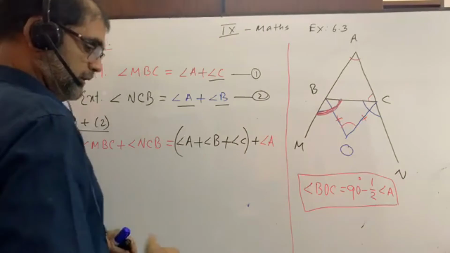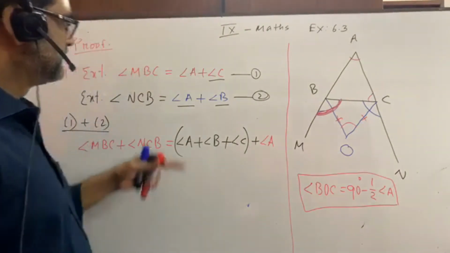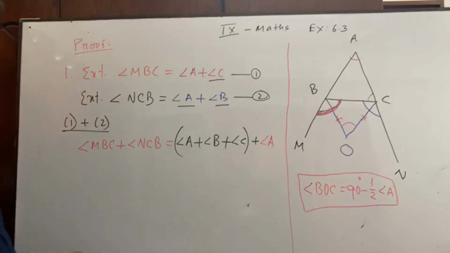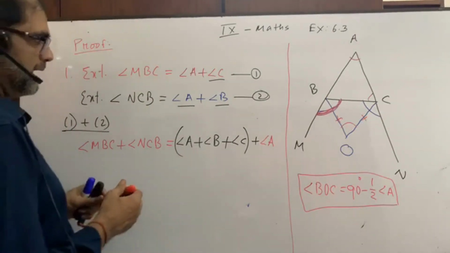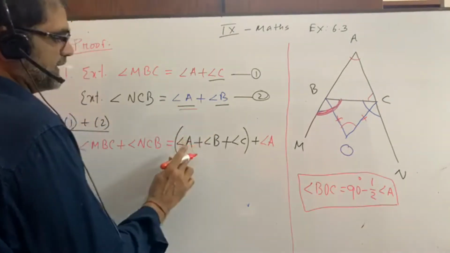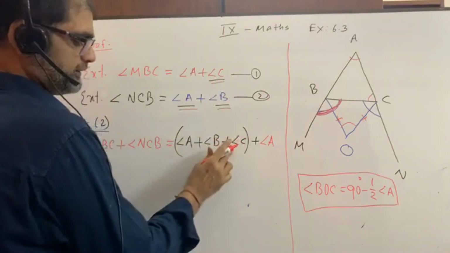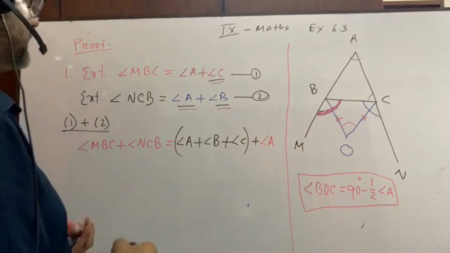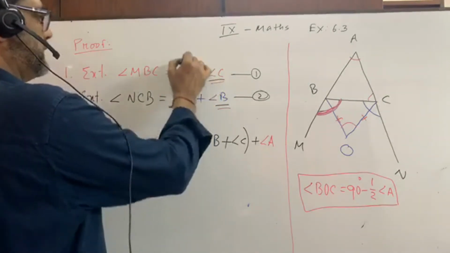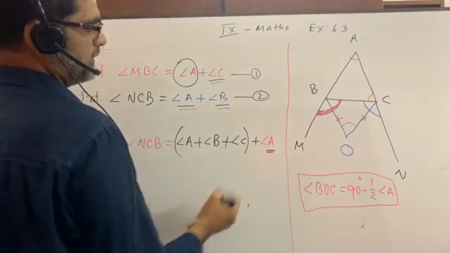Have you seen or not? This is angle A which is left. What have we got here? We have angle A, angle B, angle B, angle C, angle C, and here this angle A is left to take, but here we have taken it.